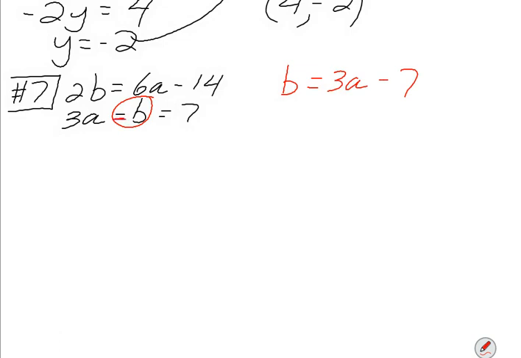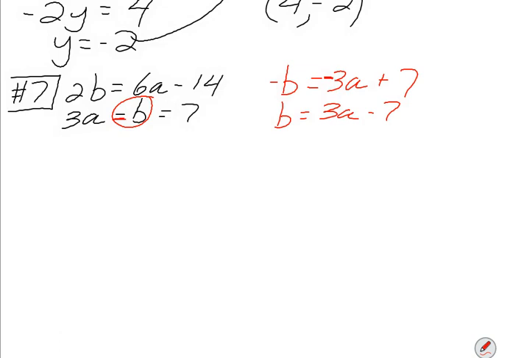When I subtract the 3a, I ended up with a negative 3a plus 7, but then when I divided by my negative b, I end up with positive 3a minus 7. So we ended up having to do 2 steps there, but we're dividing by a negative 1, so we didn't have any fractions.